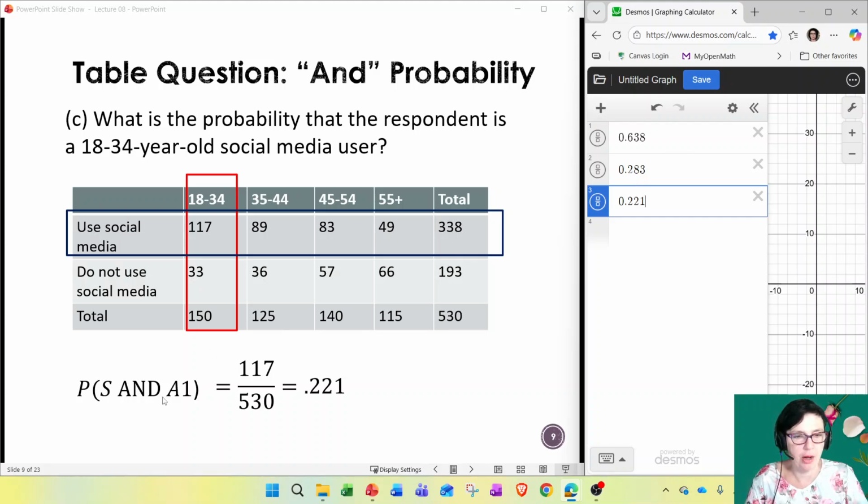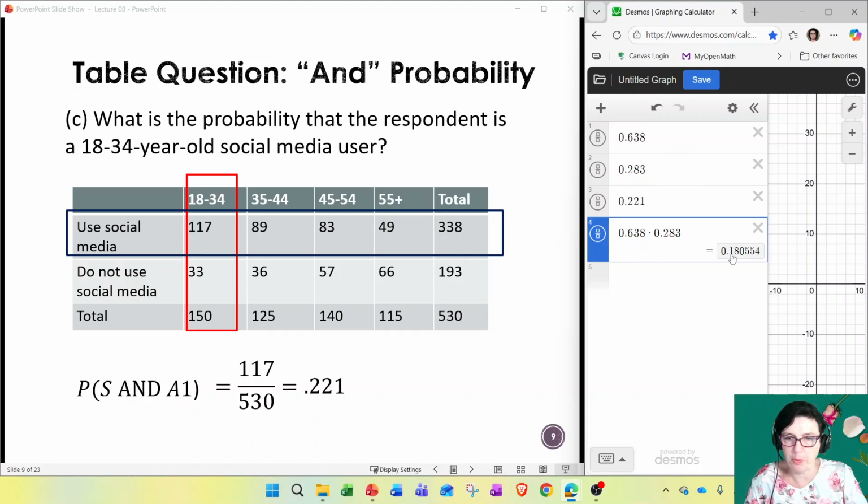Now, question: are these two events, S and A1, independent or not? Well, we're going to just use the test for independence. If they are independent, then if I multiply each individual probability, it should give me the intersection. It's actually better to use fractions, but in this case I'm just going to use decimals, because it gives me the answers in decimals.